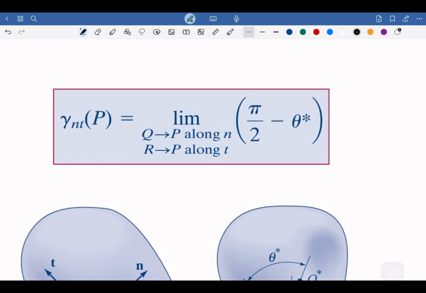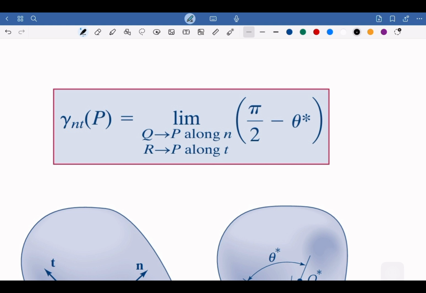So we can say that Q getting closer to P along this N direction, and R getting closer to P along the T direction, and we take the angle pi over 2 minus the new angle. That is the shear strain, how far the angle changes in between these two lines. That is the definition for the shear strain.